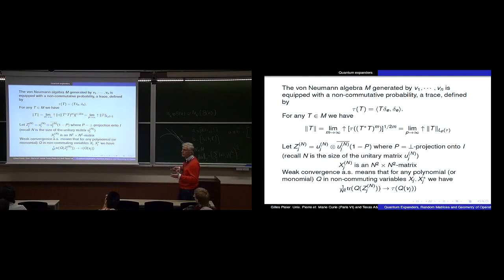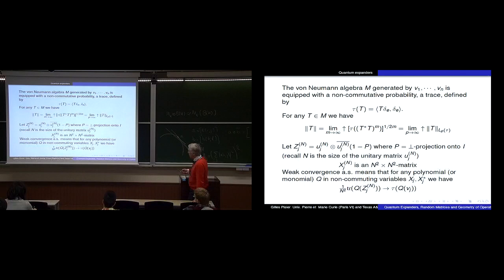And for traces, it's exactly the same. So the norm of your operator is the increasing limit of the L^p tau norms, which corresponds to this. This corresponds to p equals 2m. This is what you would define as the norm in L^p.